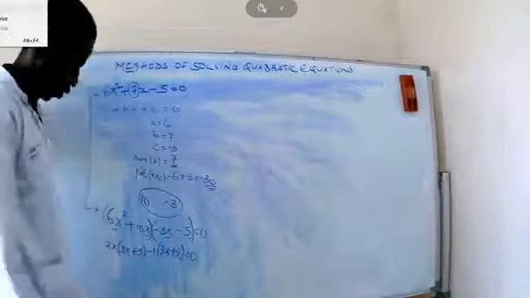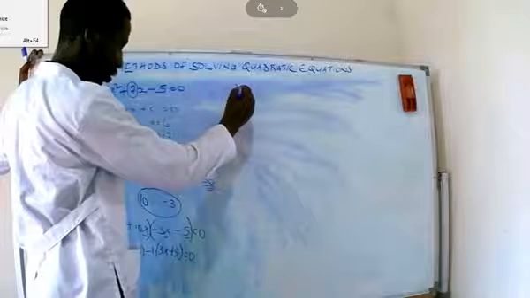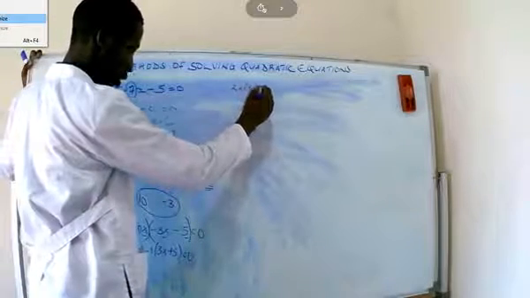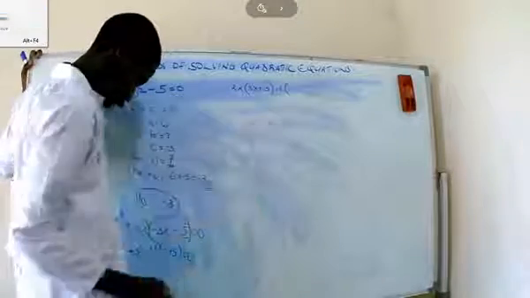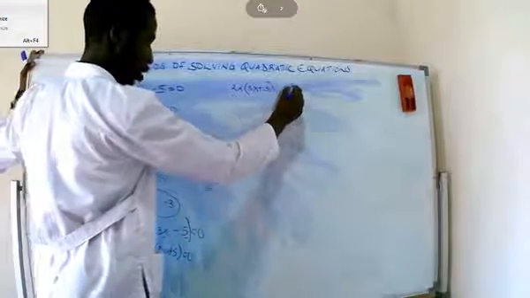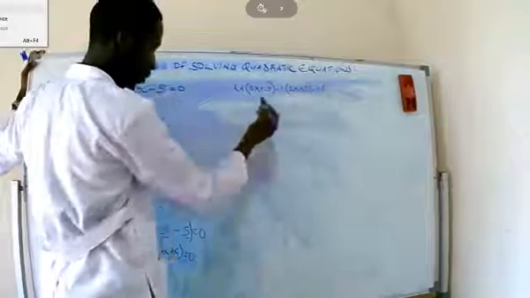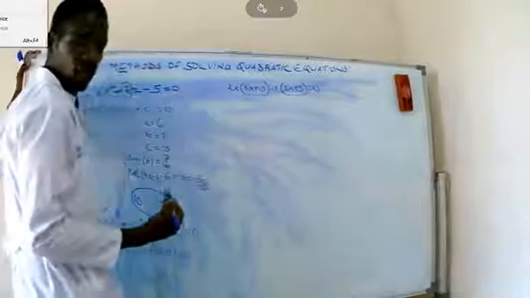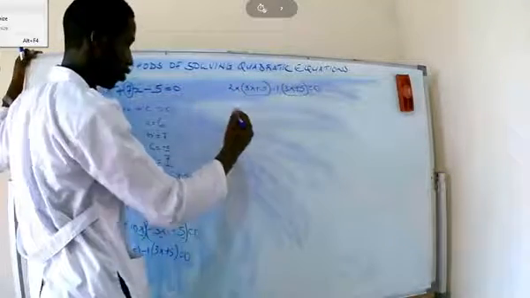So eventually we have 2x into 3x plus 5, close, minus 1 into 3x plus 5 equals 0. You can see we have the common factor here, 3x plus 5, and we pull it out.